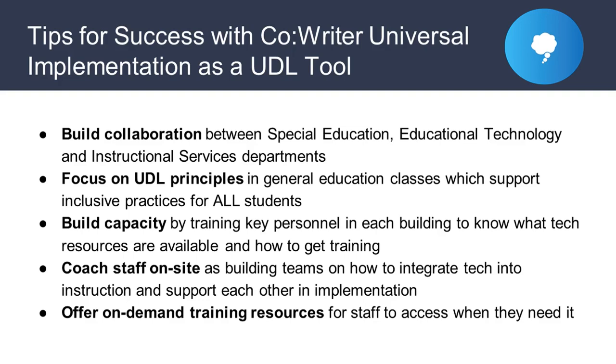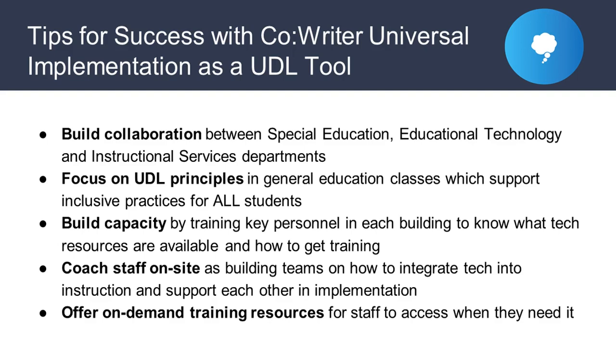And then focusing on UDL principles in general ed classes, which support inclusive practices for all students. When you get people in the UDL mindset for the general ed classroom, they start seeing that if we had CoWriter available to all students in this room, some of them would absolutely need it, most would benefit, and all of them would enjoy using it. So I think that's another thought.